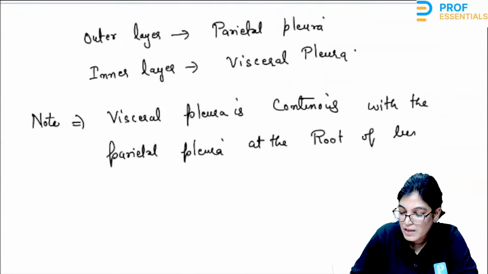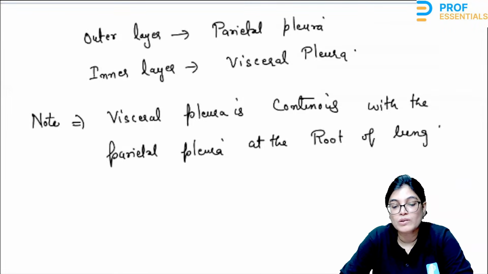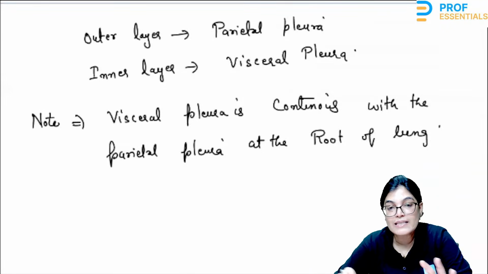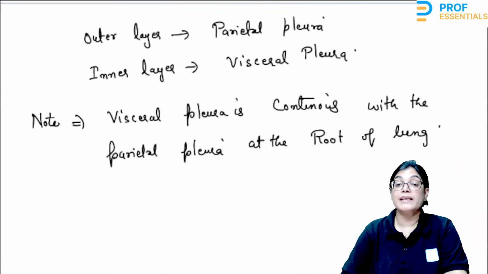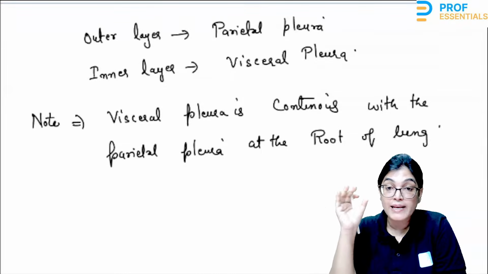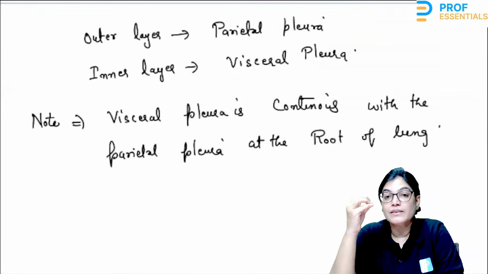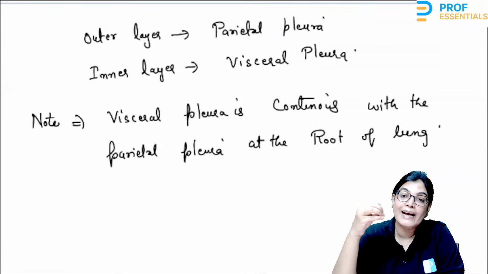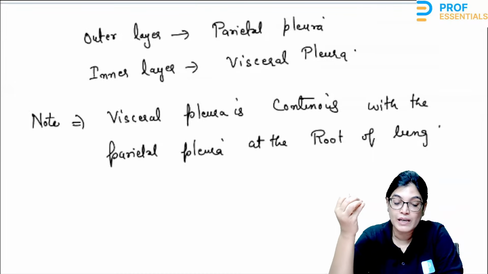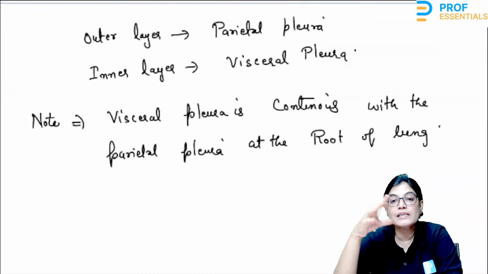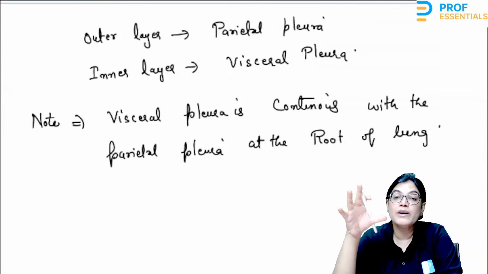So both are continuous with each other. The visceral and the parietal pleura are separated by a potential space, and that potential space is called the pleural cavity. The pleural cavity is filled with a thin film of tissue fluid that is important for the lubrication of the lung surfaces, and this helps in smooth movement without friction.